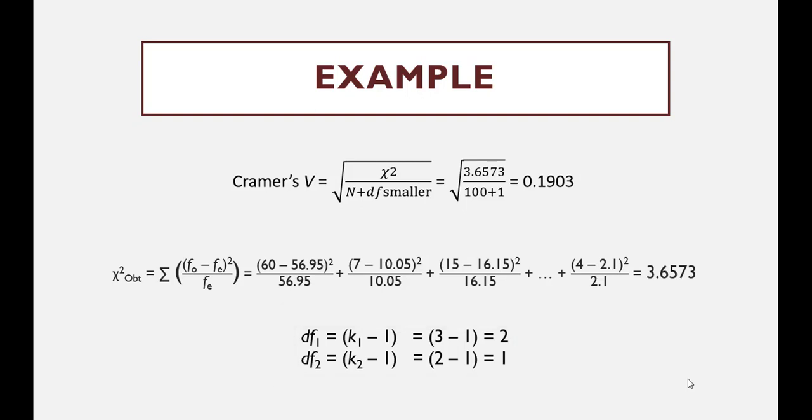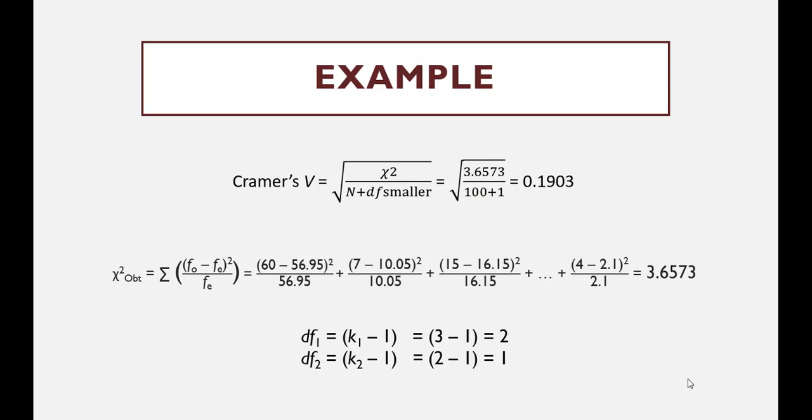In this case, ethnicity is 3 minus 1, poverty level is 2 minus 1, so our two degrees of freedom are 2 and 1. The smaller of those is 1. So we're going to take that 3.6573 and divide that by n, in this case the total sample size of 100, times 1. When we do that, we find that Cramer's V is equal to 0.1903.